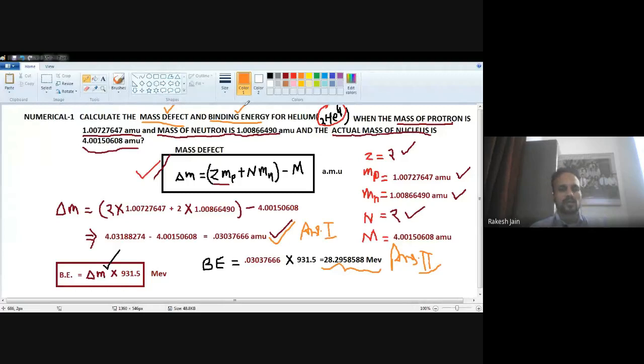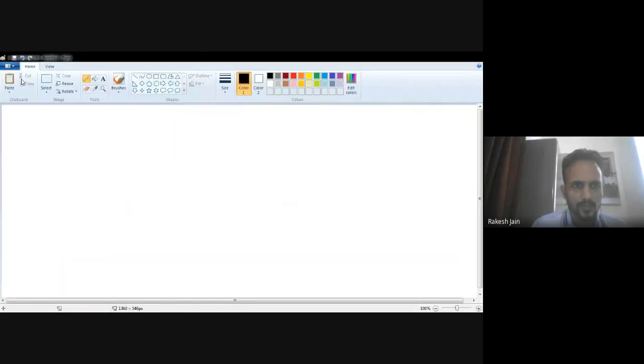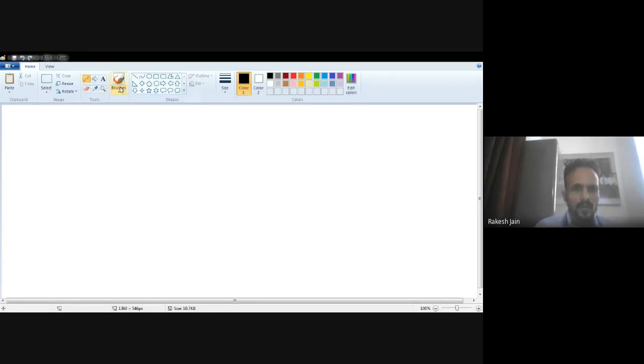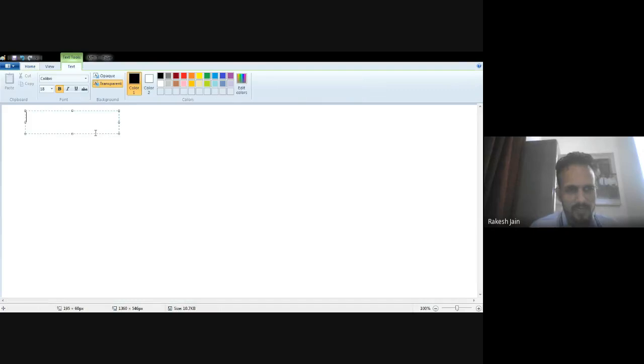So now let's do one more numerical. I just save this file and we are going to calculate the second one. In this numerical, we have to calculate the same thing, binding energy and mass defect.